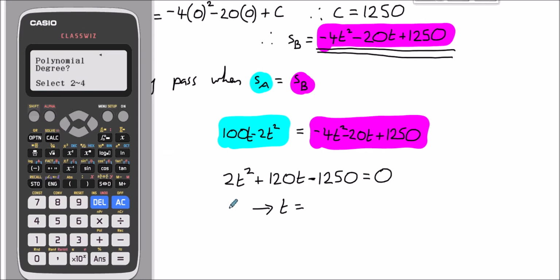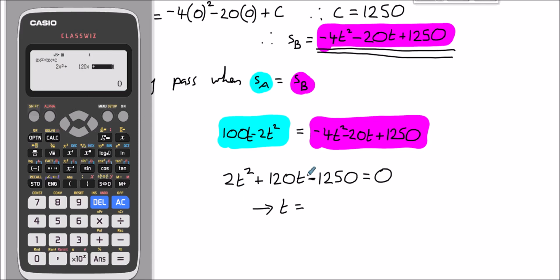The degree of a quadratic is degree 2 because the highest power of the variable is 2. So just type in 2. Now type in the coefficient of the variable squared, in this case t squared. That's going to be a 2 because we have 2t squared. The coefficient of t is 120, so type in that. Press equals.